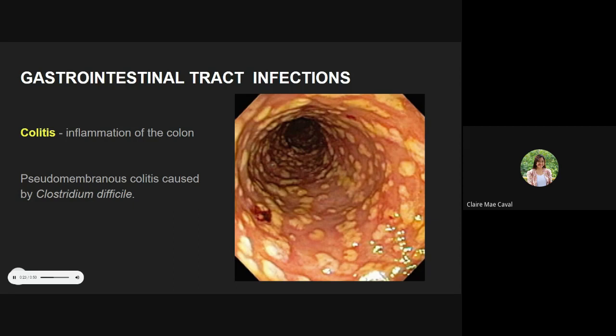This can follow the use of broad spectrum antibiotics, which can wipe out part of the normal intestinal flora or your indigenous microbes in the intestine, allowing pathogens to infect and invade the colon instead. This also releases toxins that are cytotoxic to the colon and toxins that cause diarrhea.